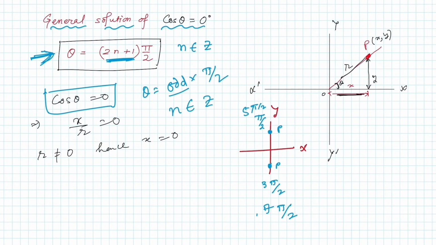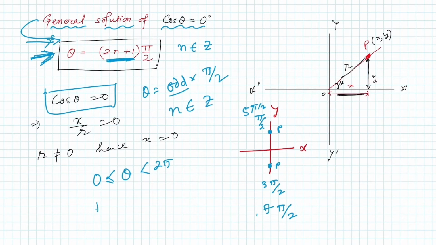So hope you have understood this. So we know this is the general solution. And what will be the principal solution? We know the principal solution lies between 0 and 2 pi. It is greater than or equal to 0, less than 2 pi.